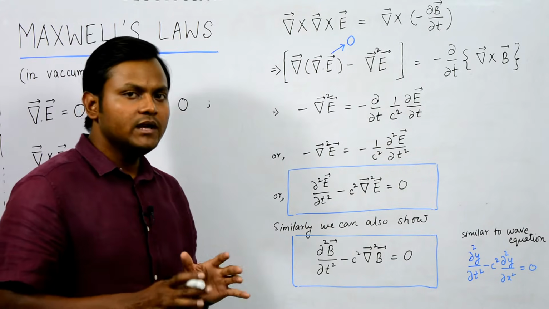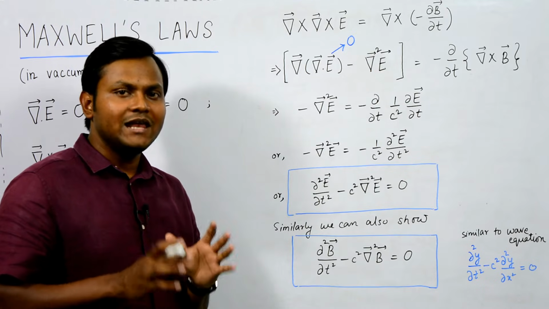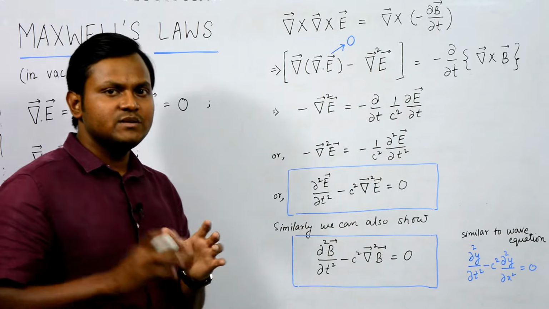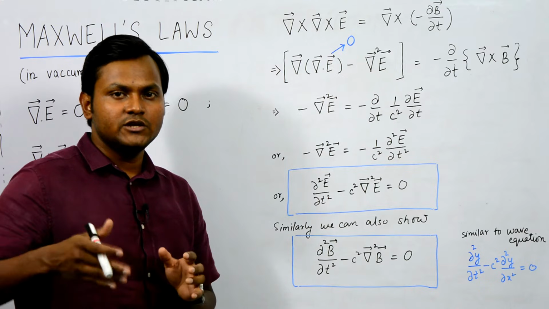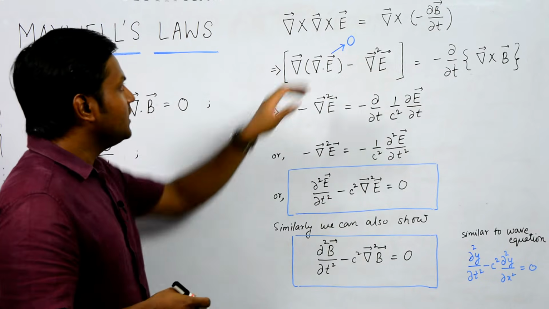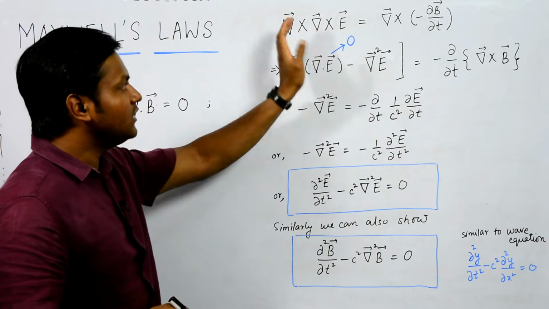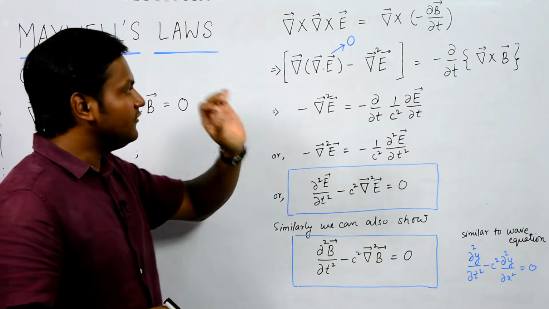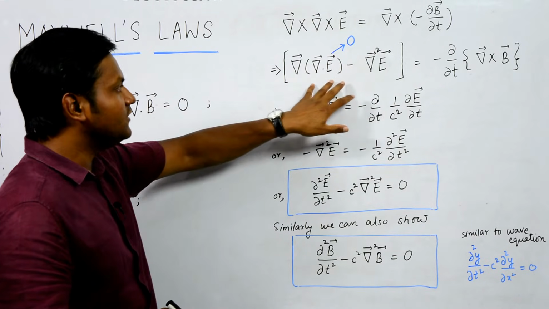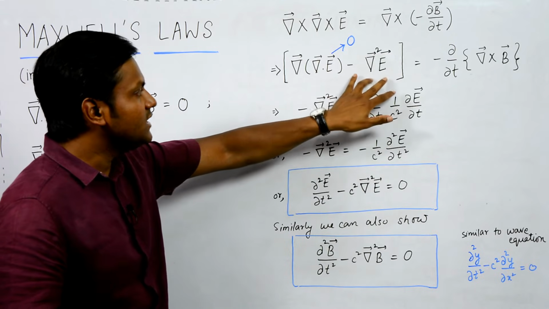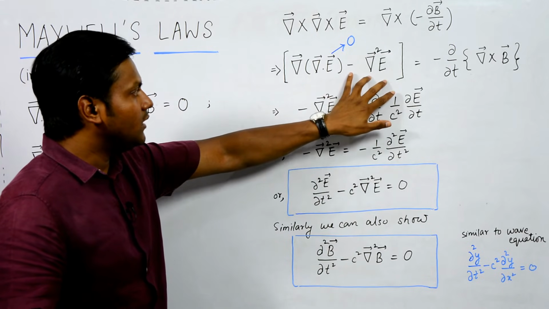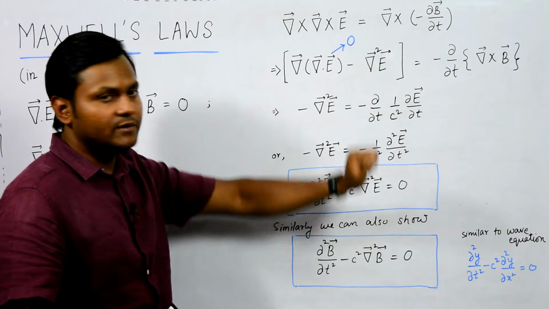If you are familiar with vector calculus, the del operator is simply the derivative with respect to x, y and z coordinates. The curl of the curl of an electric field, or of any vector field, can be written as the gradient of the divergence of that vector field minus the square of the del operator applied to that vector field.